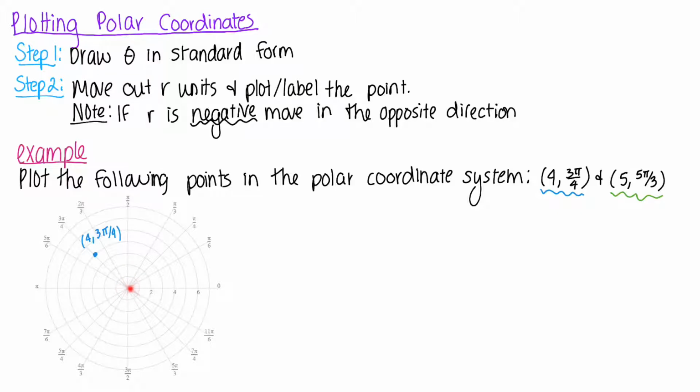So 1, 2, 3, 4, 5. Or you could use this up here and say 5 is here and then go down to here. That would give you your point. So this would be the point 5 comma 5 pi over 3.